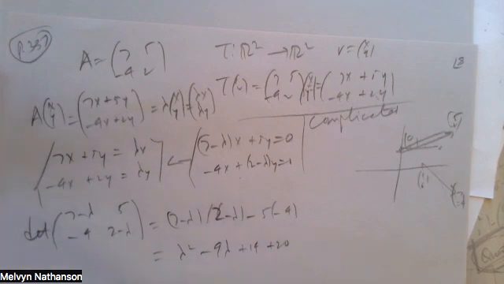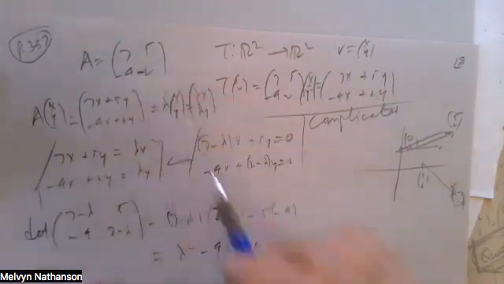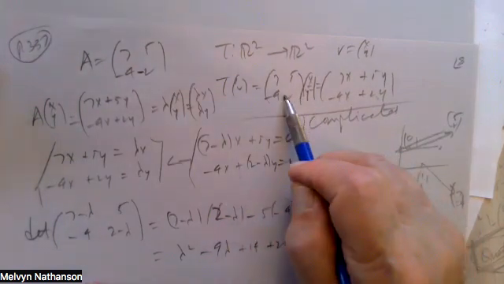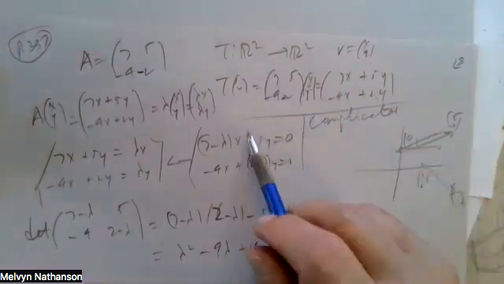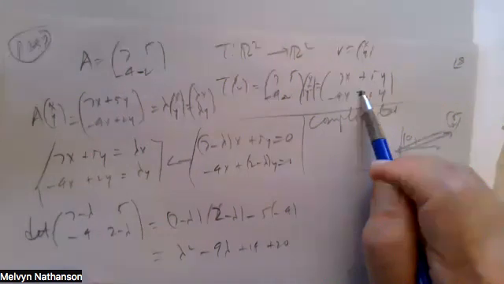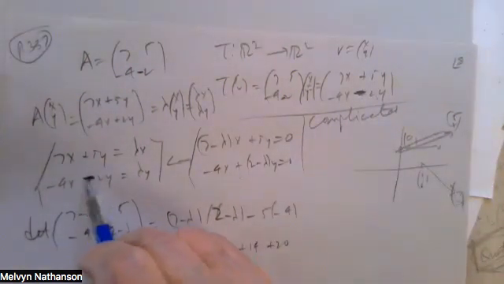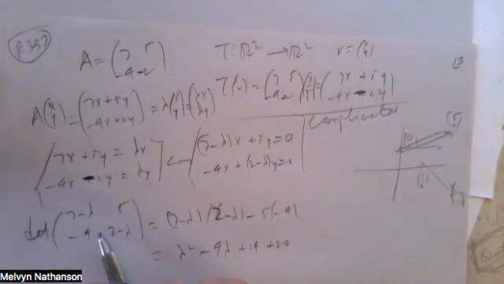Let's see, 7 minus lambda, I'm sorry. In the example in the book, this is a minus 2, so I just want to keep it as in the example in the book. Minus 4x minus 2y. So this is a minus 2. So this is minus 2 minus lambda.